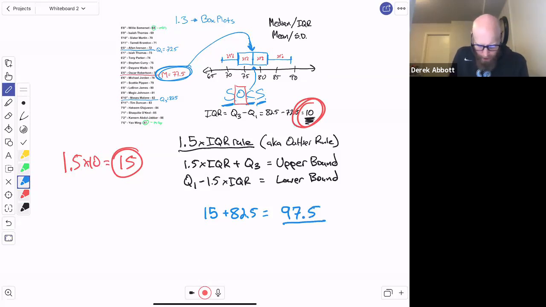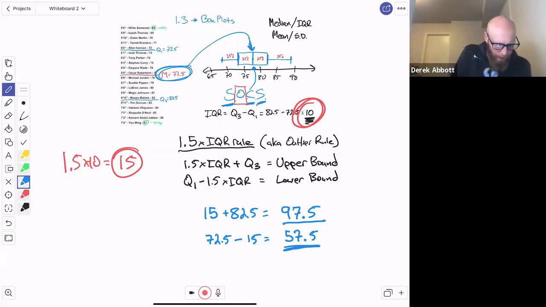Then Q1, which is 72.5, minus the 1.5 times IQR, which is 15, equals 62 minus another 5, that would be 57.5. So now we have our upper and lower bounds.